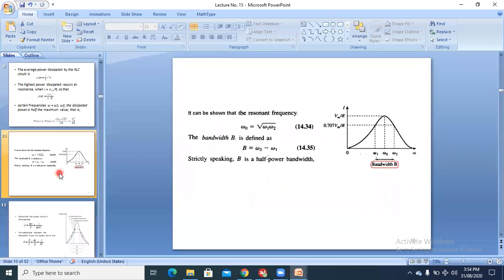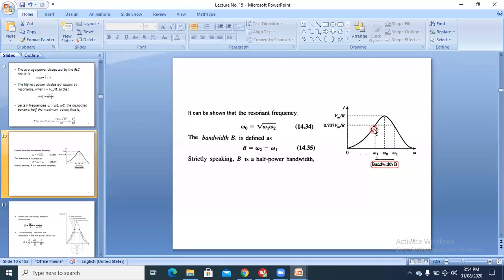You can see here that omega naught is also equal to the square root of omega 1 times omega 2, and the bandwidth is omega 2 minus omega 1. Omega naught is the peak value of the amplitude where the circuit is purely resistive and the value of the current is Vm by R.